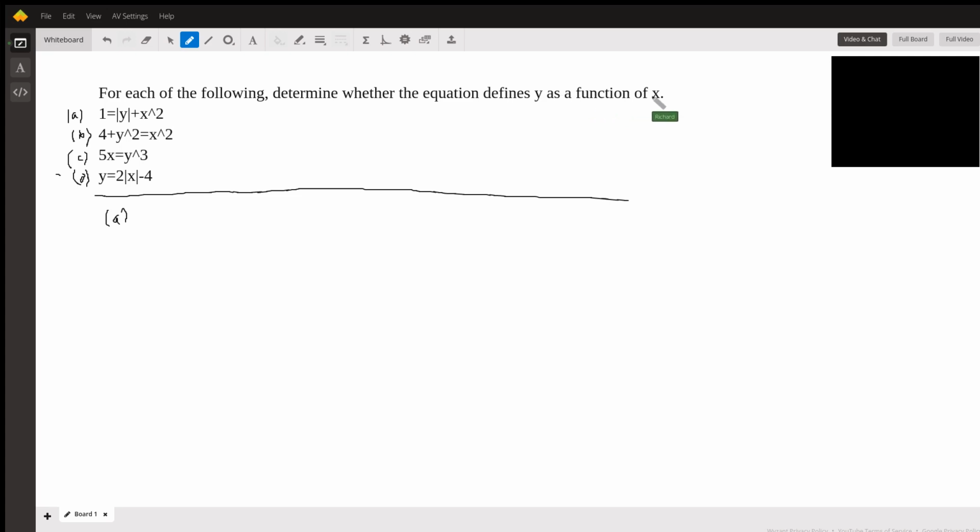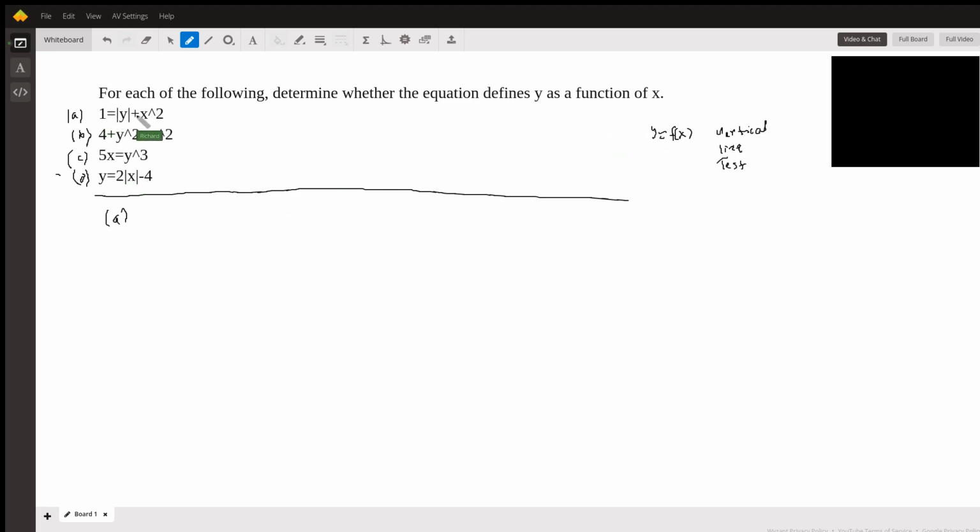In order for y to be a function of x, when we look at the graph of y equals f of x, it has to pass the vertical line test. So it means that for every value of x, there's one and only one value of y.